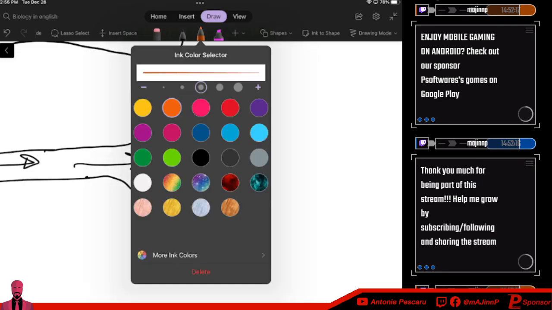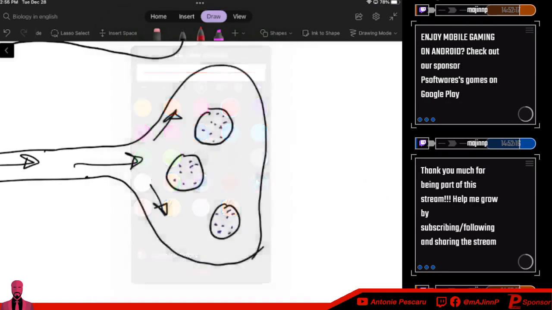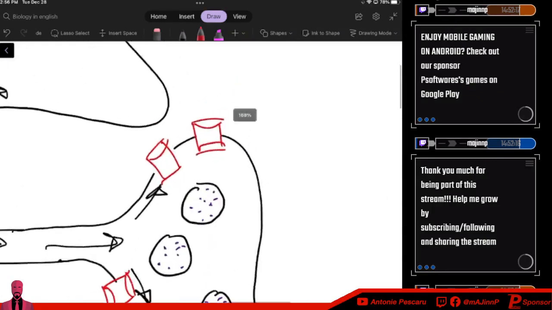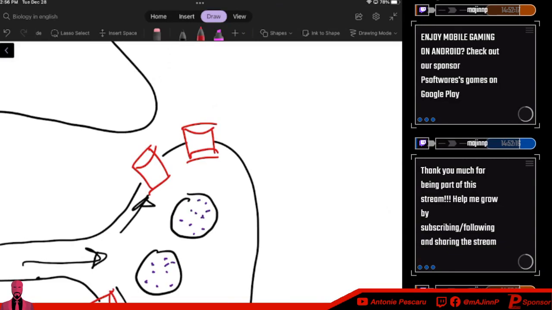And then, see here, there's actually more voltage-gated protein channels. Once the action potential reaches this spot, and I made them red because these guys are special, these are calcium voltage-gated ion channels.